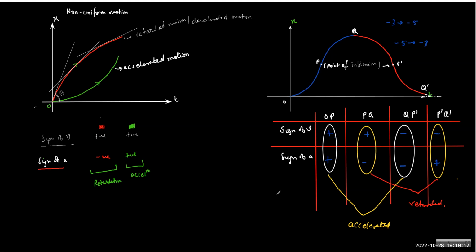Do you realize what I said? So while ascending in the graph, concave up is an accelerated graph, concave down is a retarded graph. But while descending, it is reverse. So if you remember one of them, the other you can recall easily.